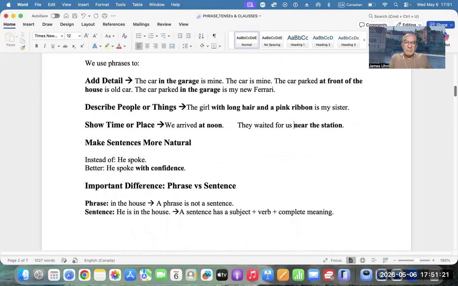We tell better truth or better information or exact information. Okay? Make sense, or make senses more natural. Instead of he spoke better, he spoke with confidence. It's an excellent example.